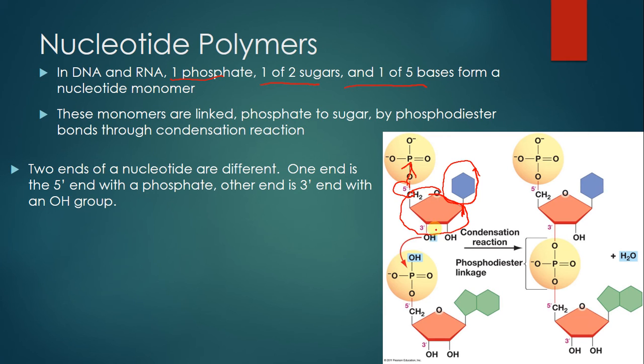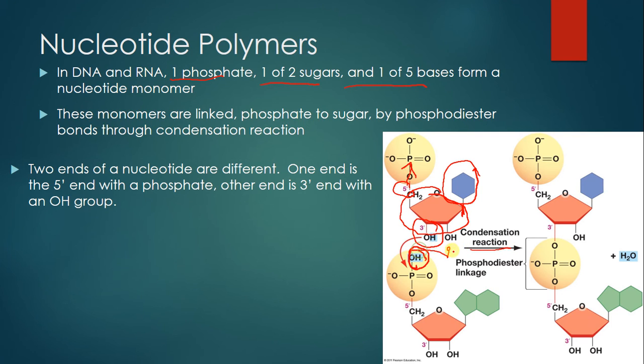It's always the same. 1' is always the base, 5' always the phosphate, and they're stacked on top of each other. So the 3' hydroxyl group and the hydroxyl group on the phosphate attached to the previous 5' carbon go through a dehydration or condensation, dehydration synthesis reaction.